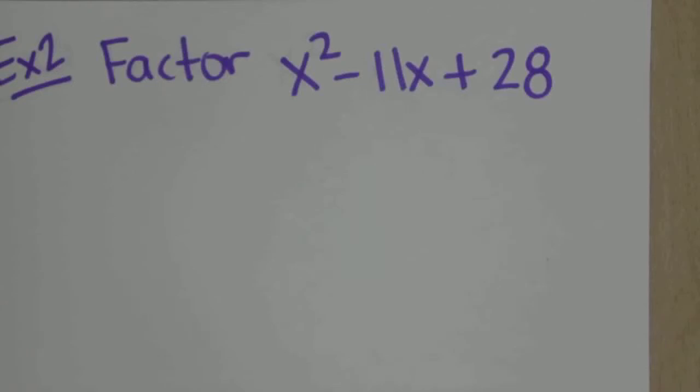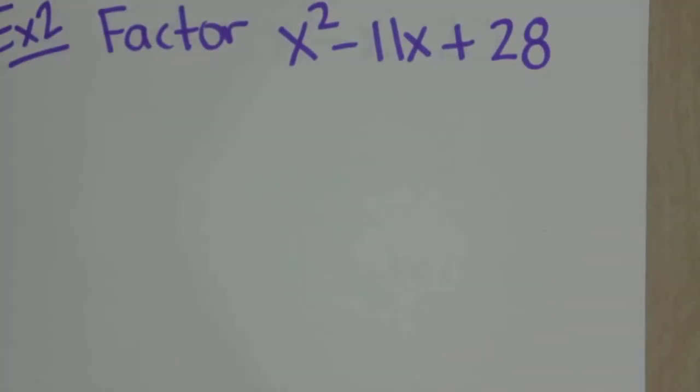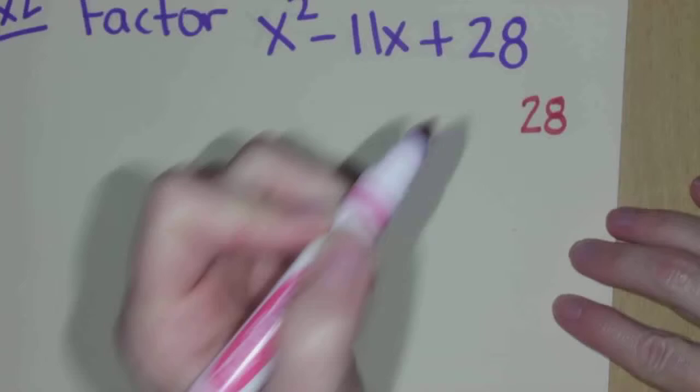If you remember from the first example, and again, you can pause this if you want to try it on your own. You can pause it, do the problem, come back later, and see if you match me. If you're working along with me, then you know we take the 1 in front of the x squared times 28. 1 times 28 is 28, so we write that down first.